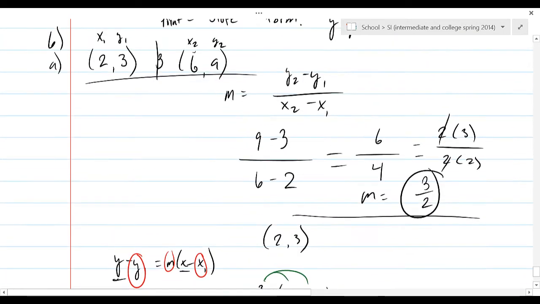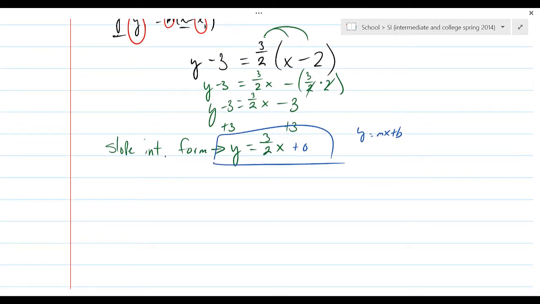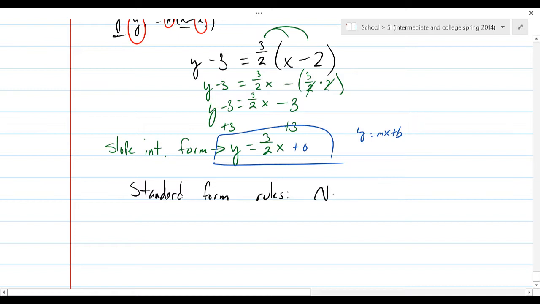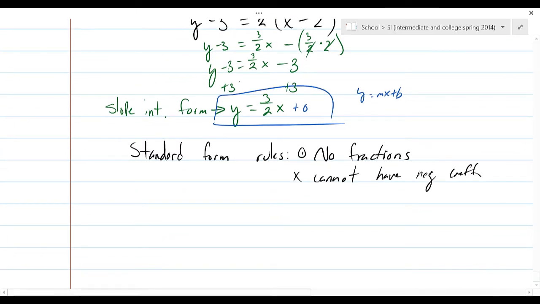And now let's find the standard form, which is a lot less work than all of this getting up to it. There's only 3 rules we have to know for standard form. Standard form rules. No fractions, ever. x cannot be negative. x can't have a negative coefficient, meaning it can't have a negative number in front of it.